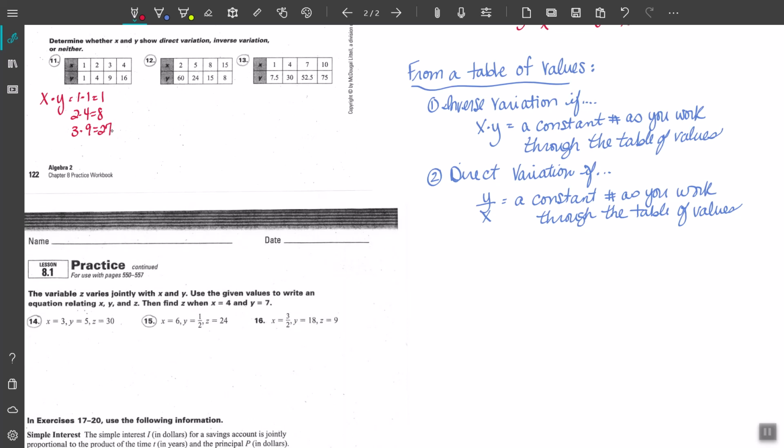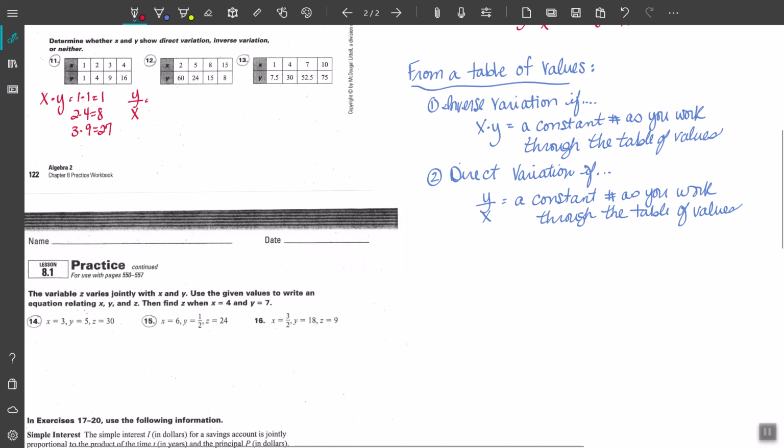I can stop here because what I'm looking for is a constant. If this shows inverse variation, then when I multiply my x and y together through the table, I should get the same constant number. Because I don't, I know that this does not show inverse variation. I can do the opposite, y divided by x, which is change in y over change in x.